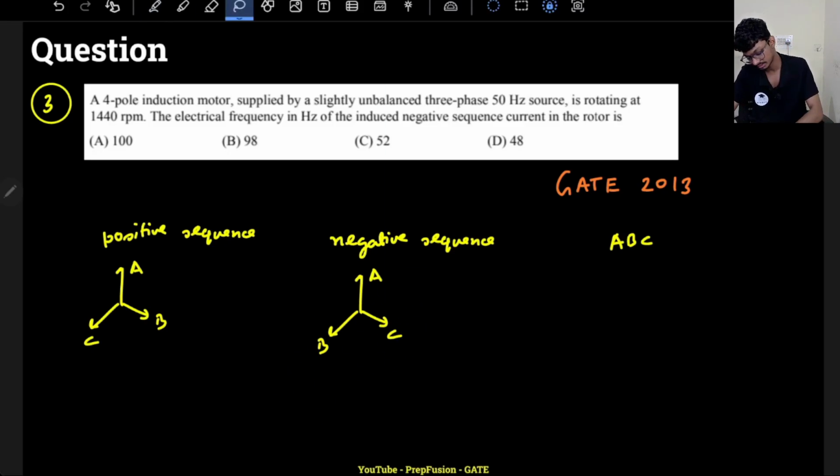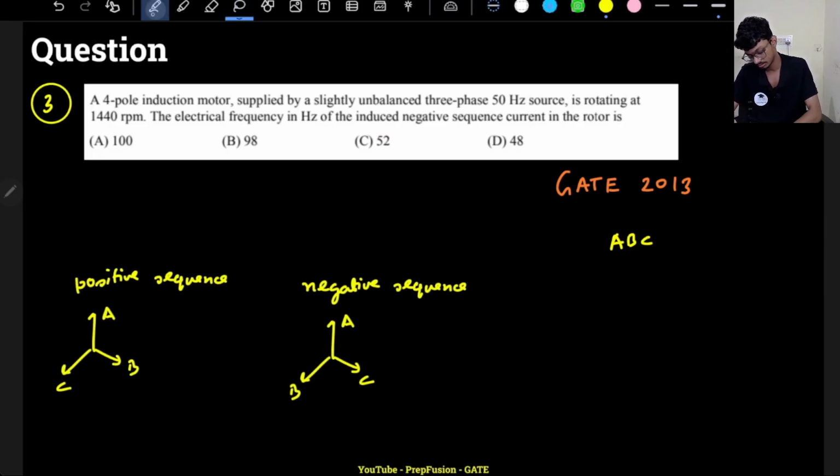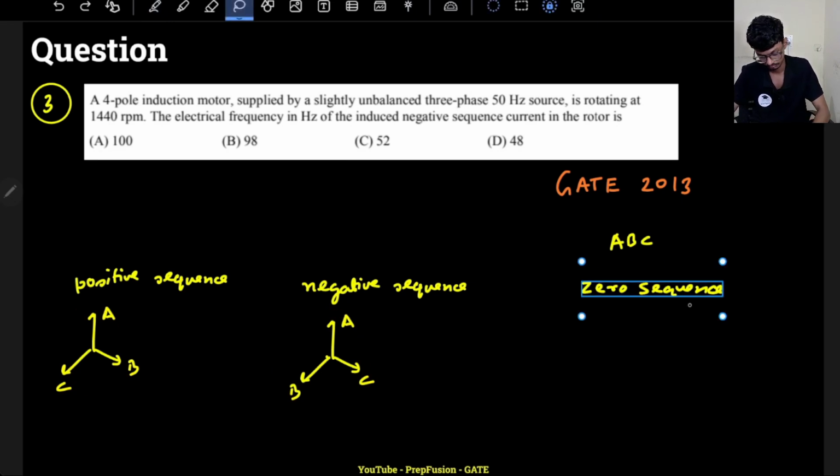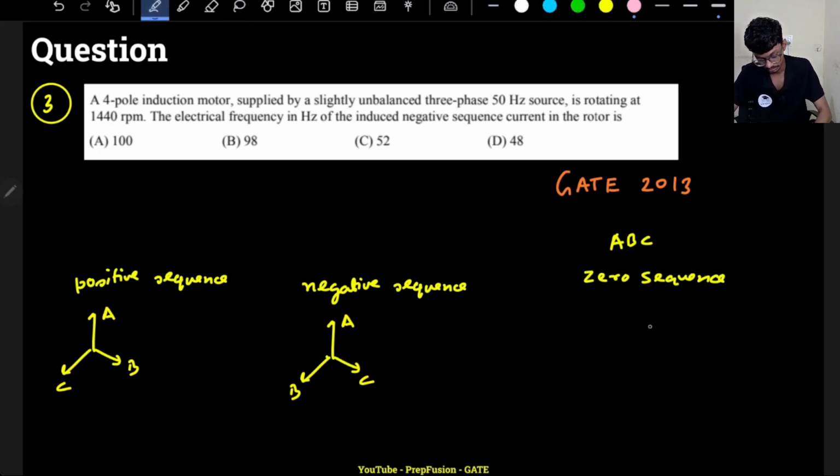And the third kind of symmetric component we have is zero sequence. These are all phase shifted by 120 degrees apart, but the rotation here is different. Here they are lying in the same phase, so this will be A, B, and C. Zero sequence means all of them are in the same phase.